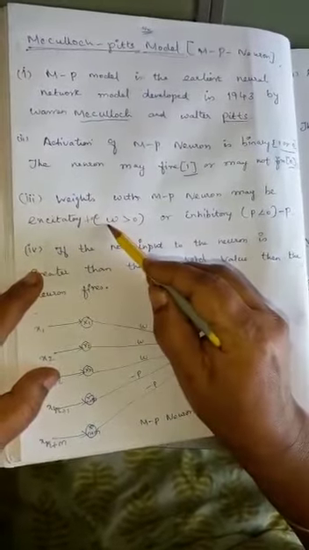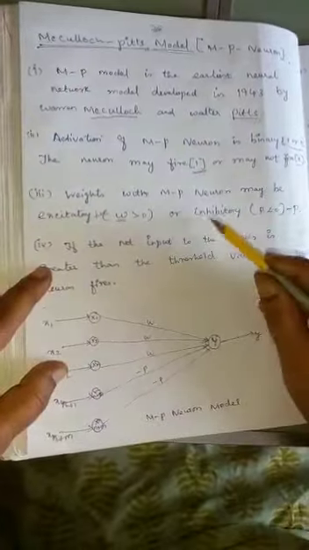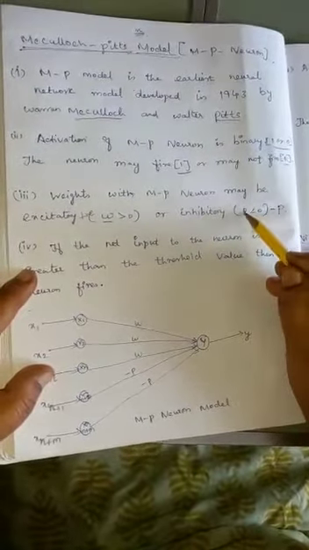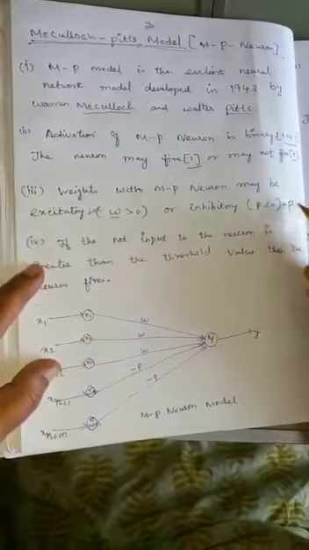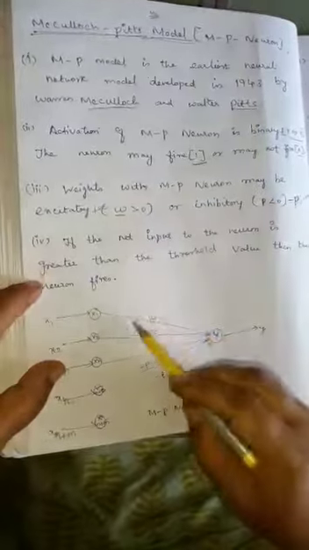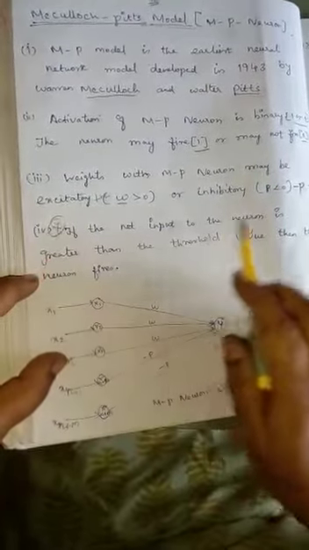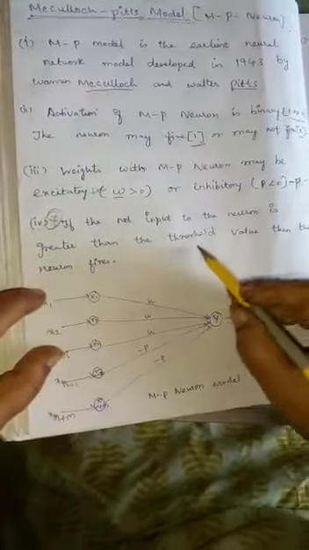So here we represent a positive weight as w, which is greater than 0, or the weight can be an inhibitory weight, which is indicated as minus p, a negative weight, with p less than 0. The important thing is that if the net input to the neuron is greater than the threshold value, then the neuron fires. Otherwise the neuron doesn't fire.